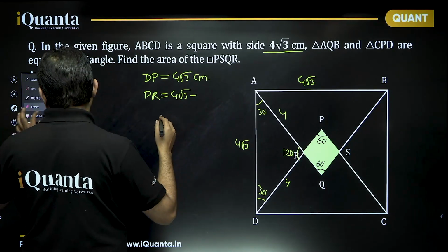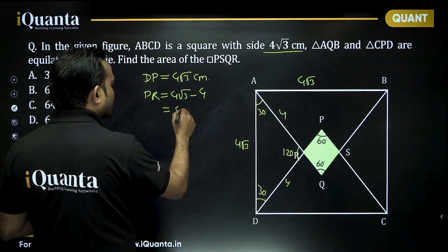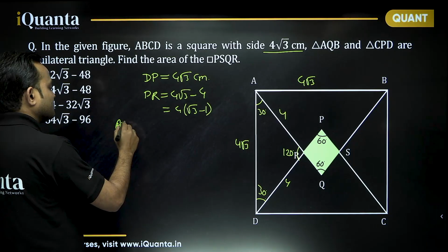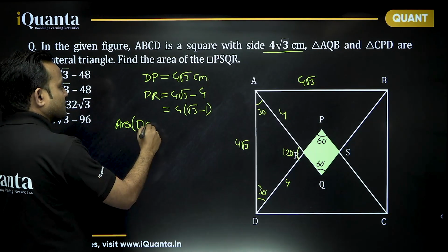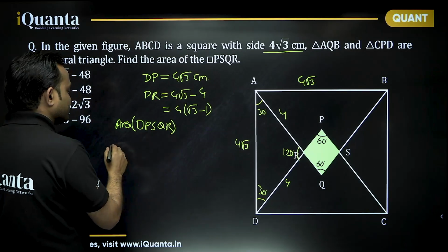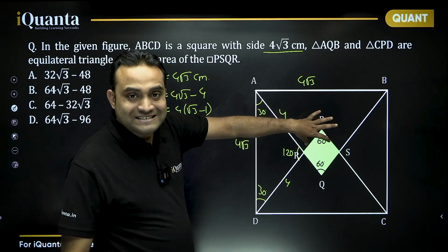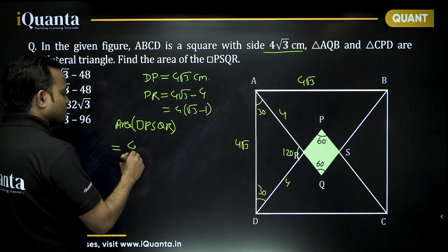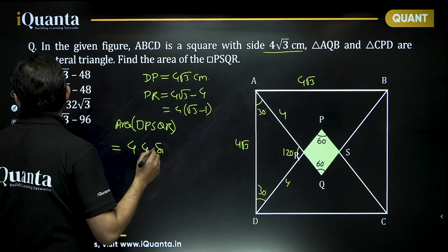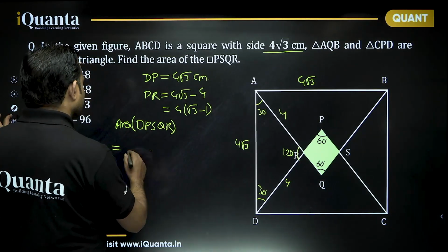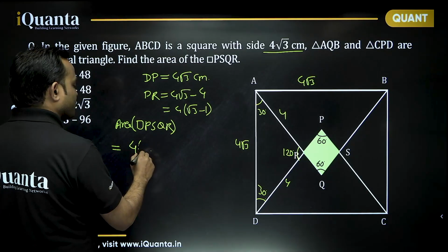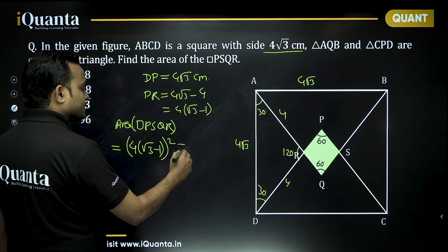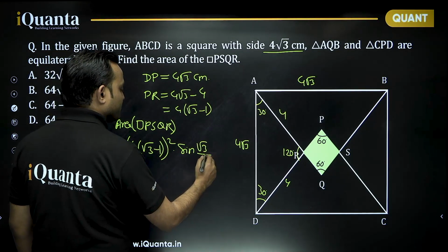Which we can write as 4 into root 3 minus 1. So what will be the area of the rhombus PSQR? This will be equal to the product of two adjacent sides into the sine of the angle between them. So it will be equal to 4, not 4. The side length is 4 into root 3 minus 1. So 4 root 3 minus 1 square into sine 60, root 3 upon 2.